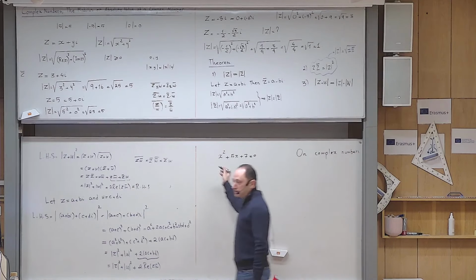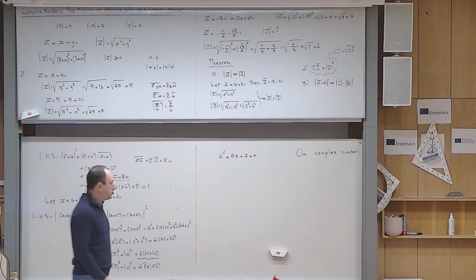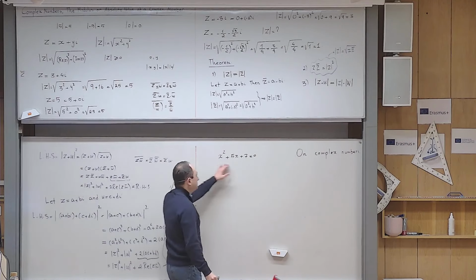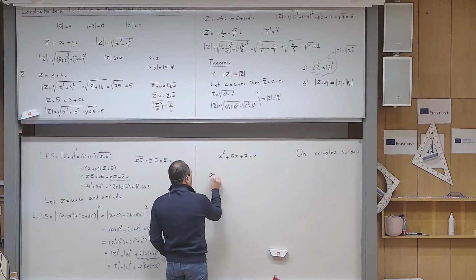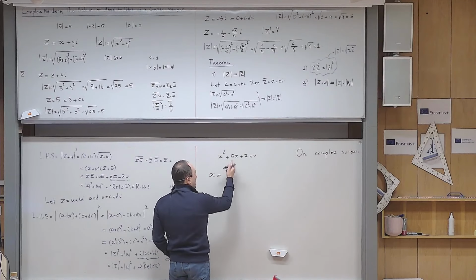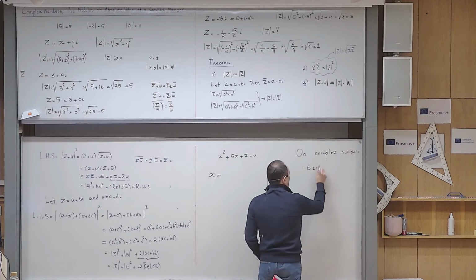So how should I do that? You either use the PQ formula or the ABC formula. To be consistent, let me just do it with the ABC formula. The formula is x equals minus b plus or minus the square root of b squared minus 4ac, divided by 2a. You have it in the formula sheet as well.